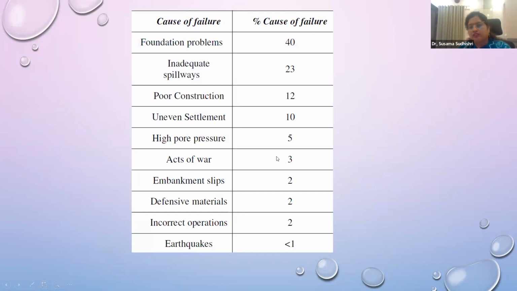Similarly, these are the causes. You can see there is a foundation problem, 40%, inadequate spillway, 23%, poor construction, 12%. If you look at earthquakes, it is less than 1%. But this 1% may create a great problem if necessary forecasting or evacuation is not taken care of by the government.